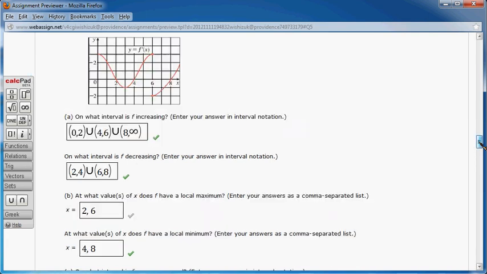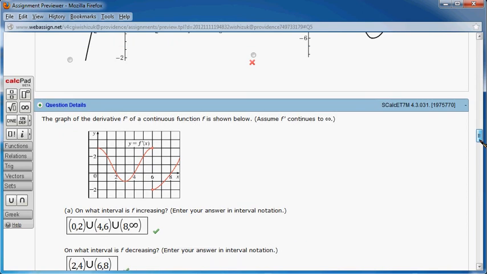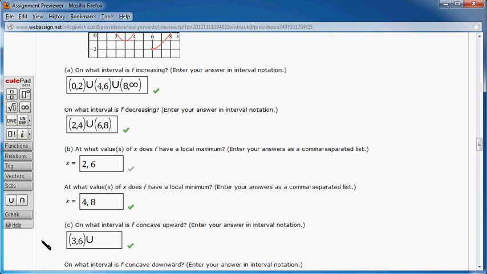So let's write that down. Oh, I forgot which one it was. It's 3 to 6. So between 3 and 6, and then 6 to infinity is right here. So infinity.